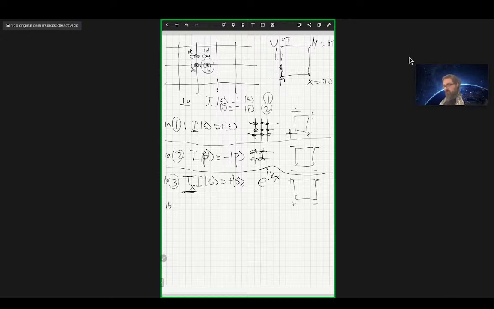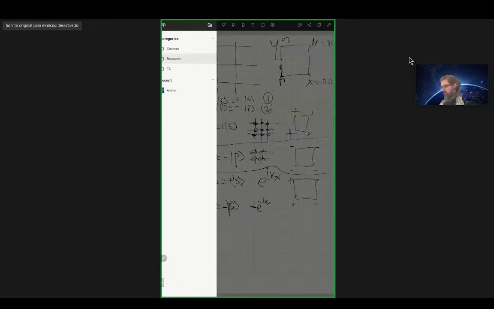Now again, if I have atomic limit 4, which is a p orbital at the 1b position, this minus is kept, but this tx gets you e to the minus ikx. And the eigenvalues, you can just compute them.